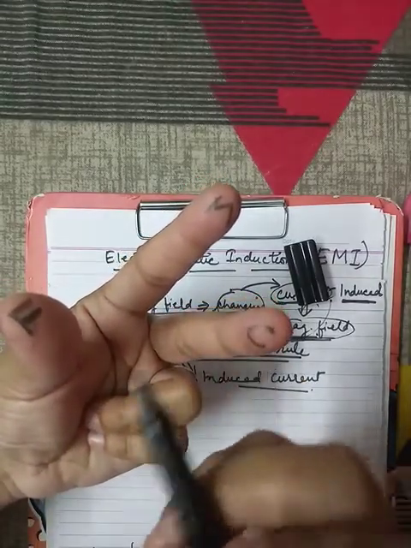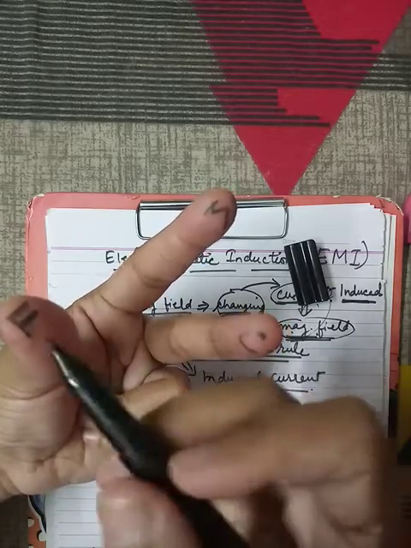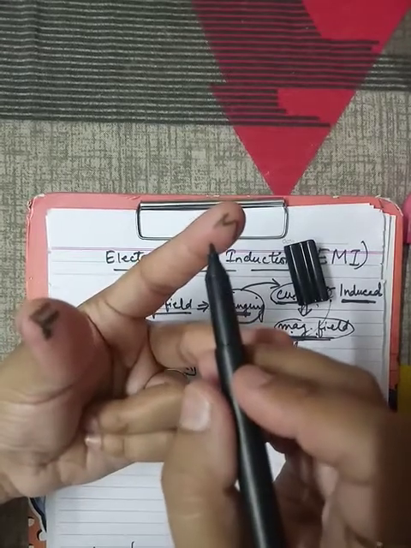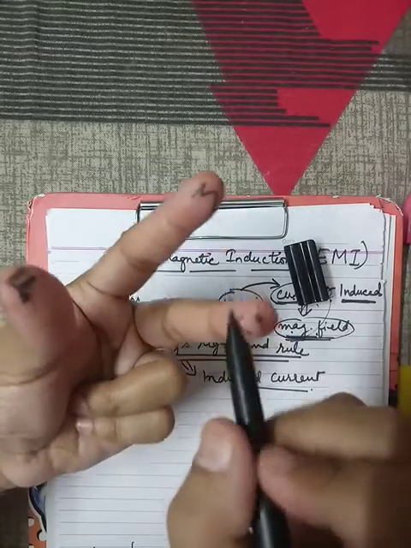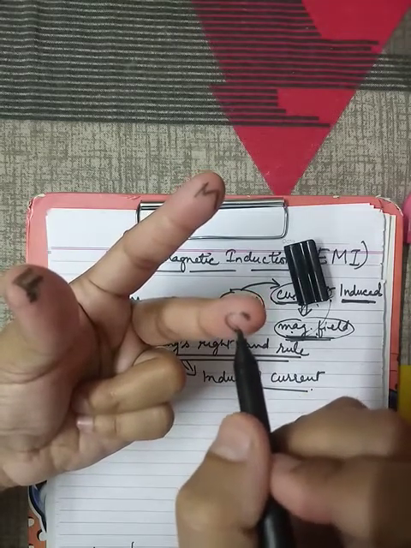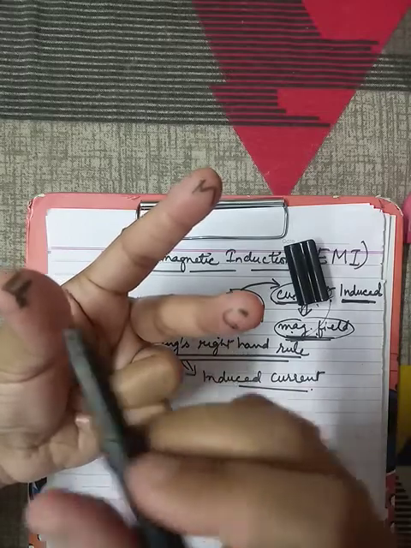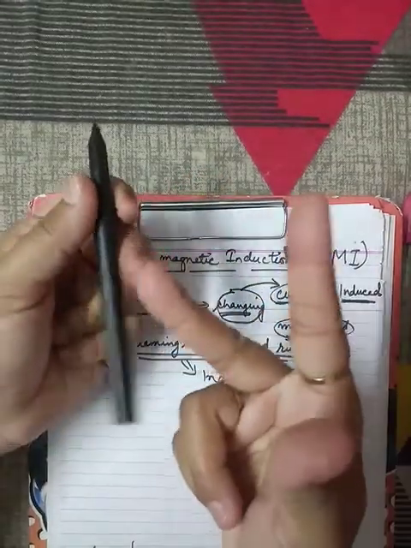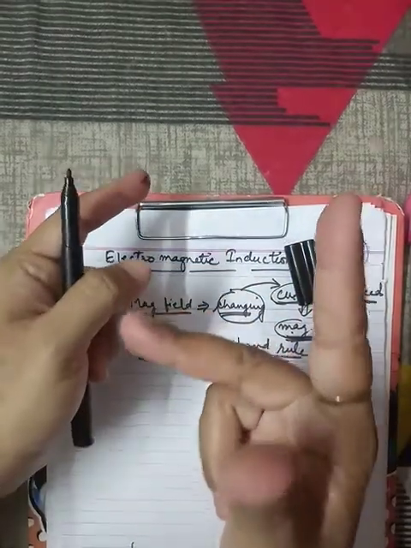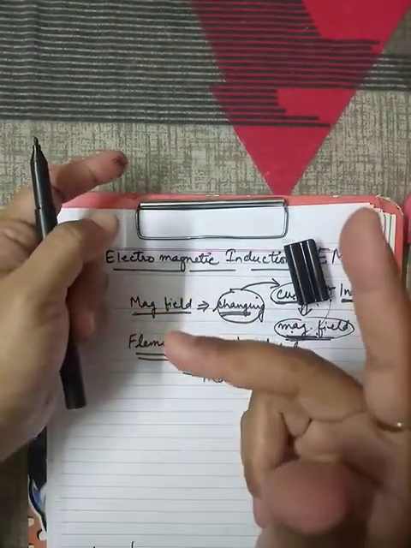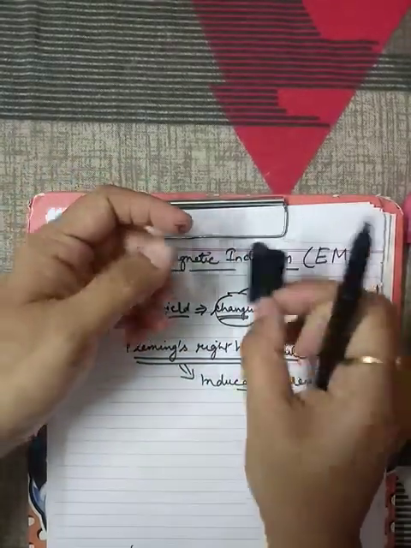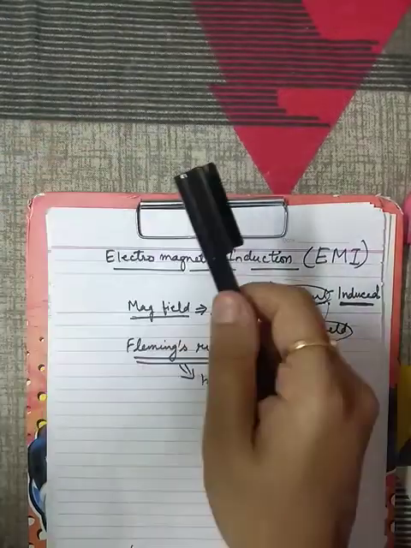It is easy to remember which finger represents what. This finger represents father, F for force. This represents mother, M for magnetic field, and this finger represents child, that is current. Okay, so FMC like this, and here also F, M and C. So these three fingers are always in use for Fleming's left hand rule and right hand rule. So induced current is given by Fleming's right hand rule.